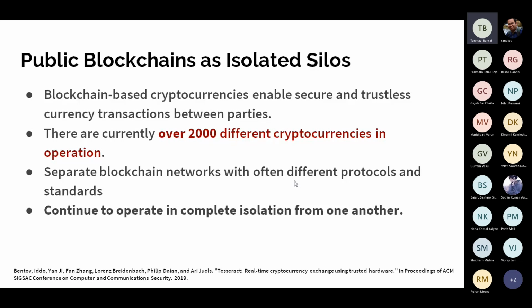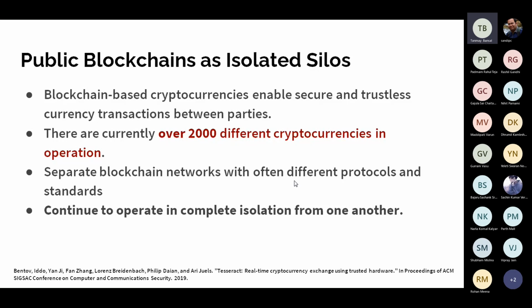That's why we are saying they are more like isolated systems. They enable secure and trustless currency transactions between parties, but within the same network. And there are several such cryptocurrencies in operation.